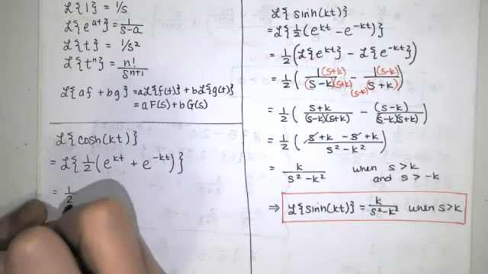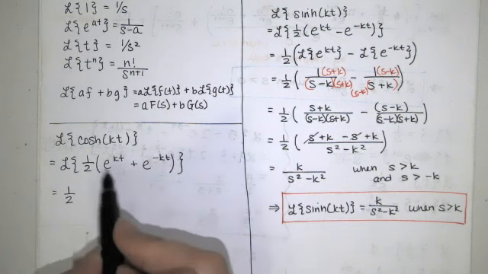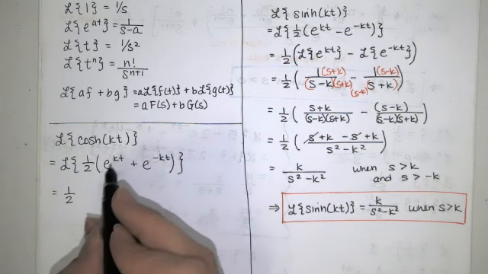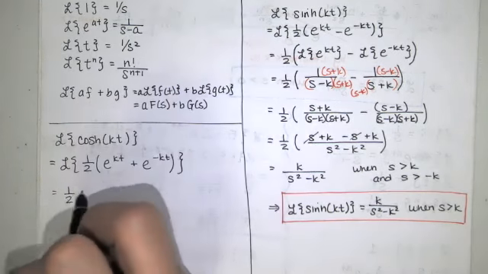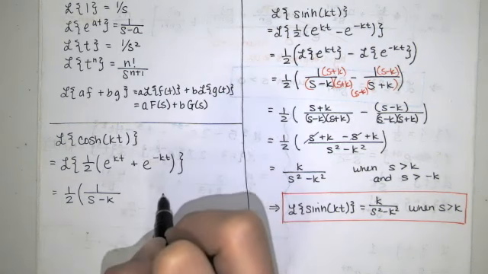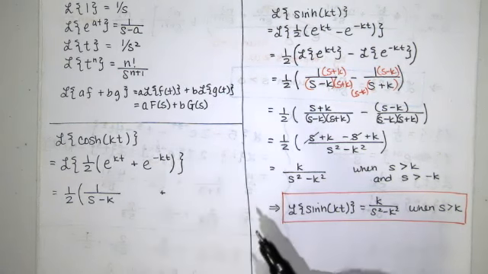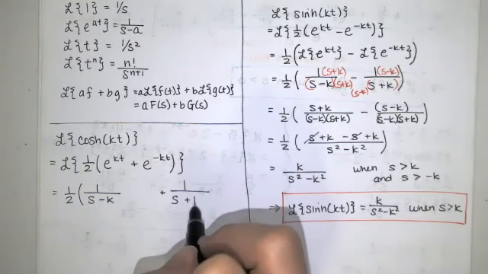You can factor that 1/2 out and then take the Laplace transform term by term. The Laplace transform of e to the kt is just 1 over s minus k. And then we're adding the Laplace transform of e to the negative kt. So that's 1 over s minus a negative k, so that's s plus k.